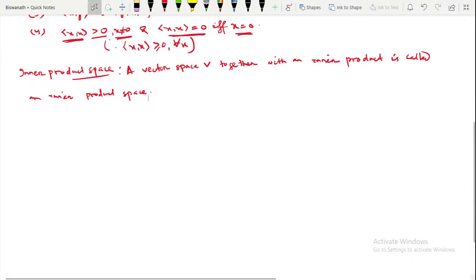That is, this is V, and this is the inner product. We can symbolically denote it this way. So this is V together with an inner product, and this is called an inner product space.